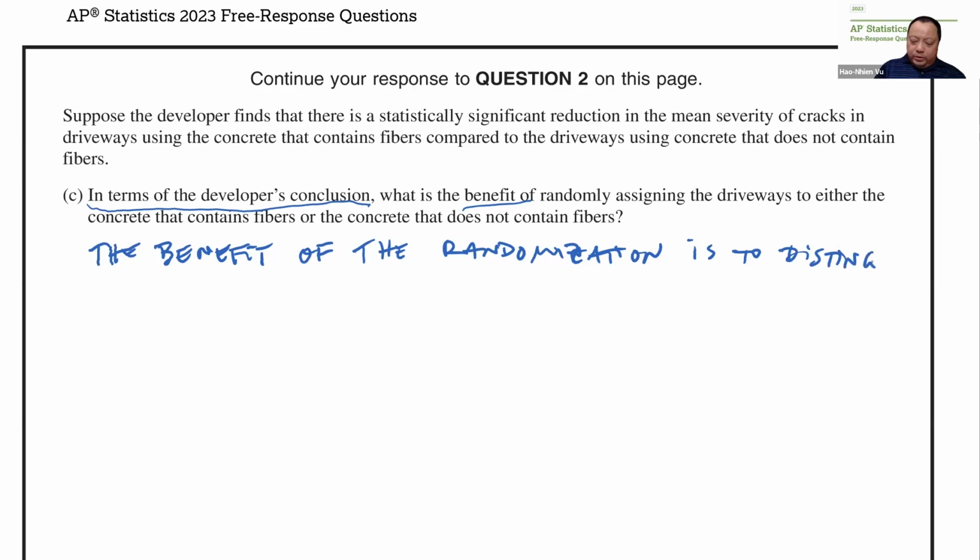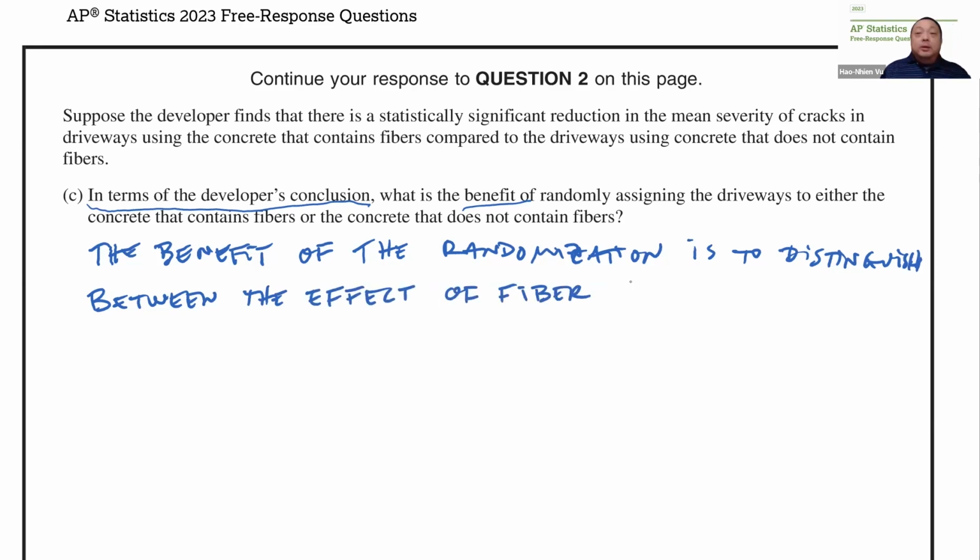Is to distinguish between the effect of fiber. By the way, when you write these things, be careful of words implying. You know what?